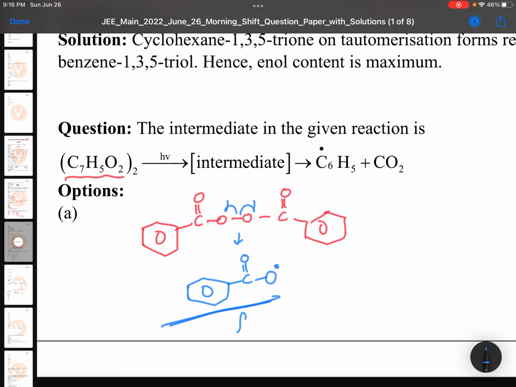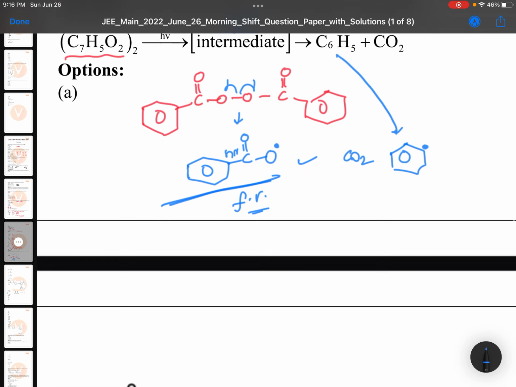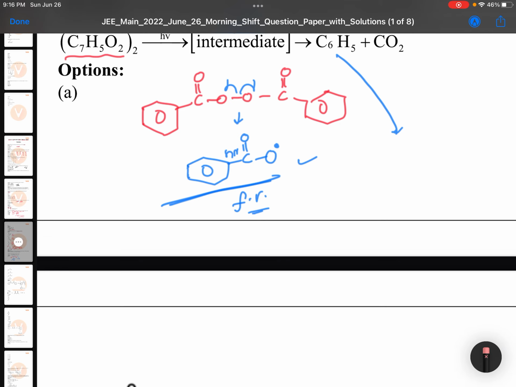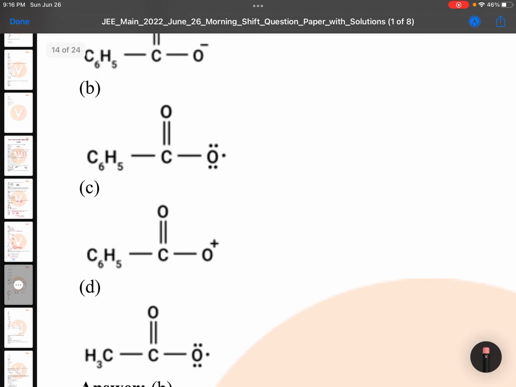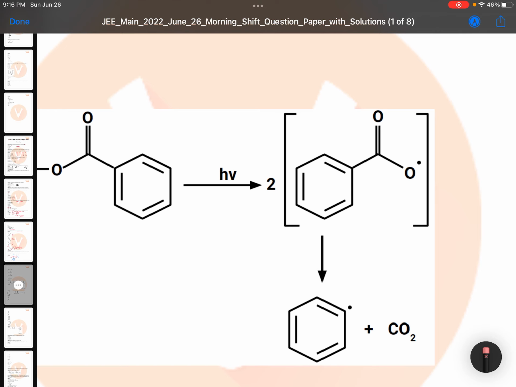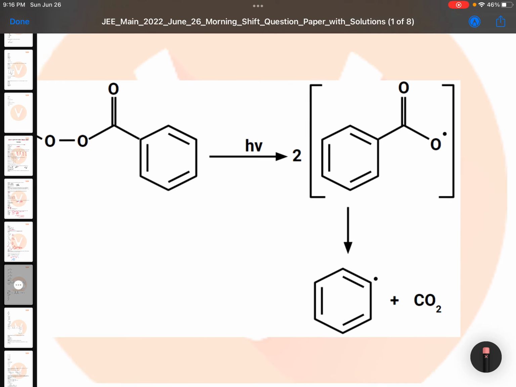This is the free radical, which is the intermediate, and later it will lose carbon dioxide and form C6H5, this kind of group. We don't require the options. This is benzoyl peroxide, it will form like this, and carbon dioxide is out.